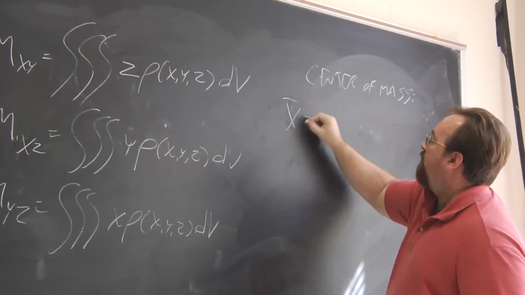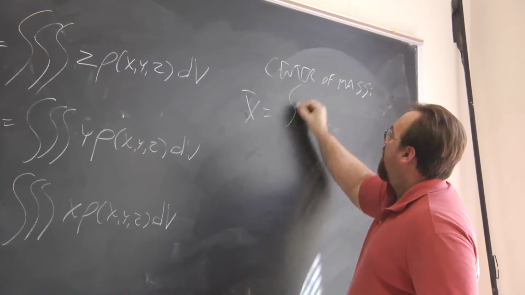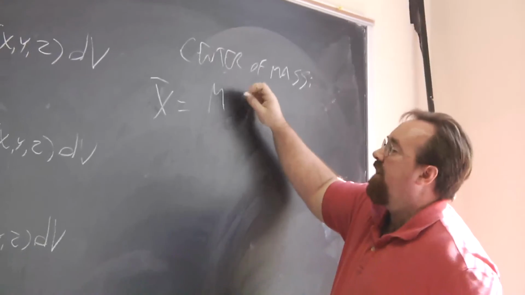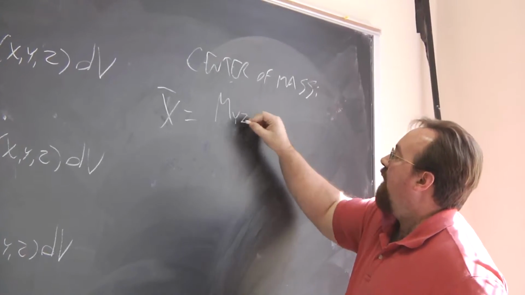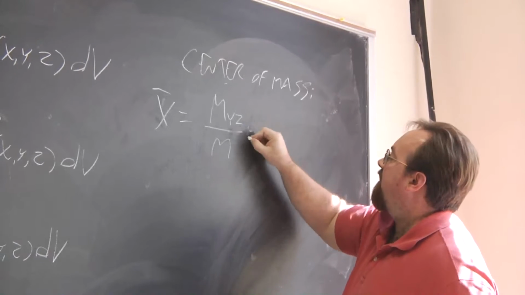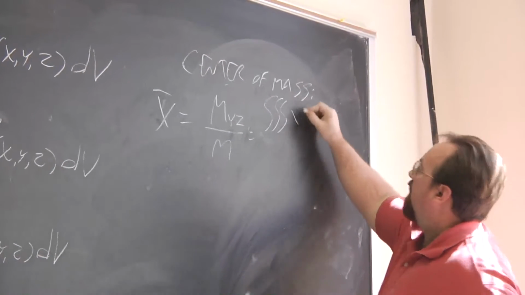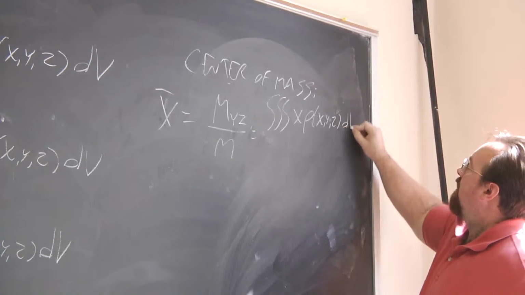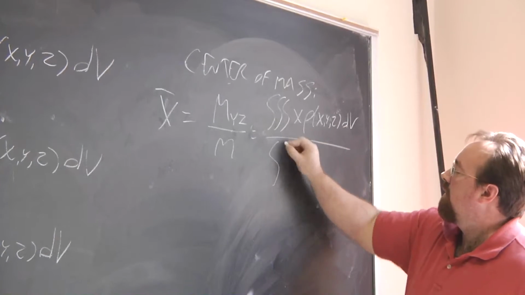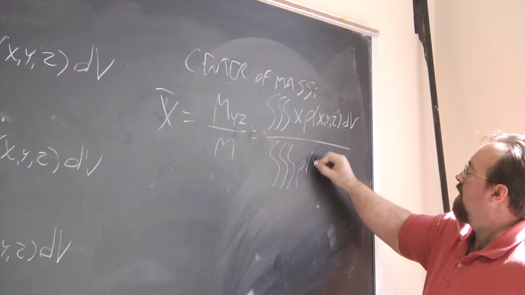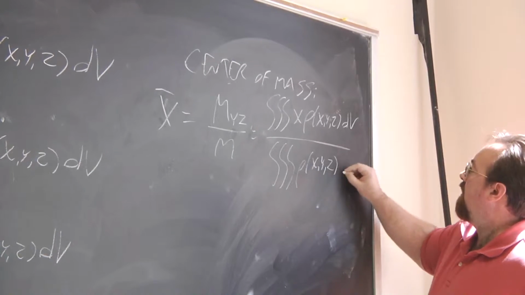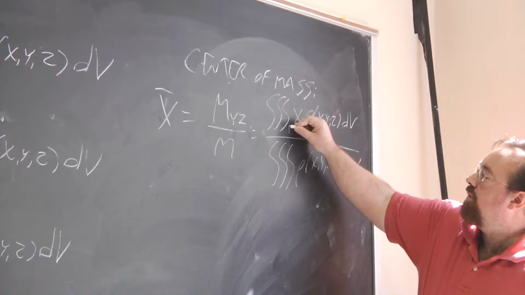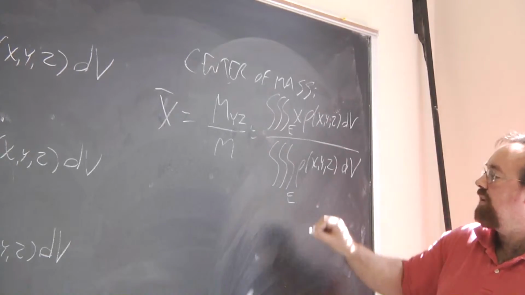So x bar would be the moment around the yz plane divided by the mass. Okay, so over E, putting that in all of these.